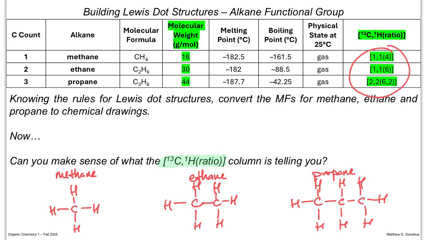But now look at ethane. The molecular formula was C2H6. Why do I only have the number 1 there? Because even if you swap them, you still end up with the same type of carbon.